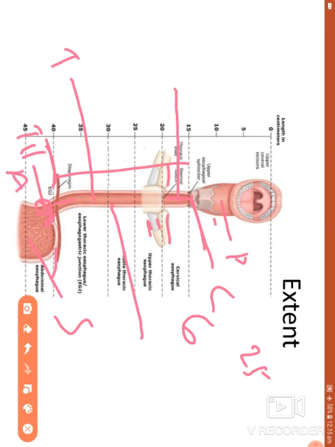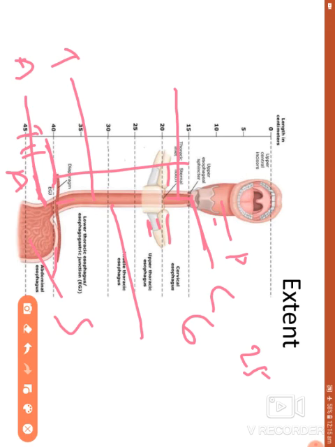Here you can see a small part just proximal to the stomach, that forms the abdominal part. In the neck the esophagus lies before going into the inlet of the thorax.